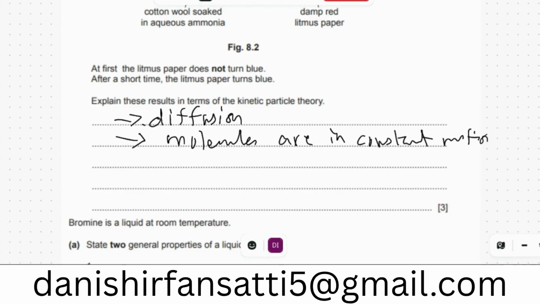And last one is molecules spread out or molecules hit litmus paper. Okay, any one of those, molecules hit litmus paper.